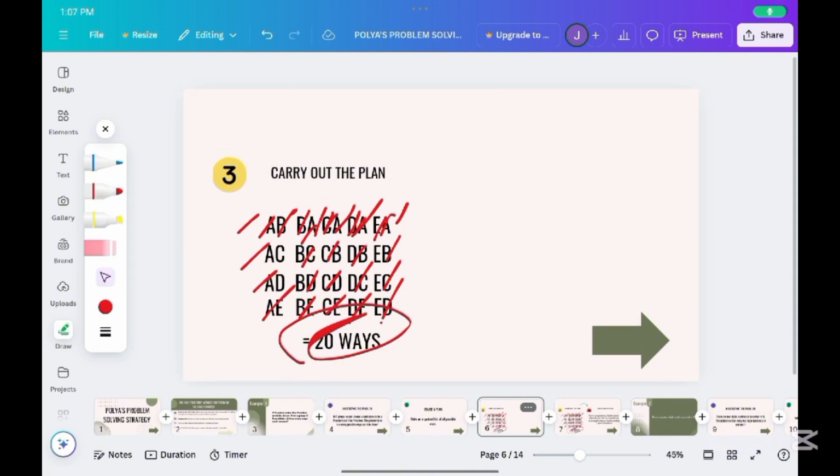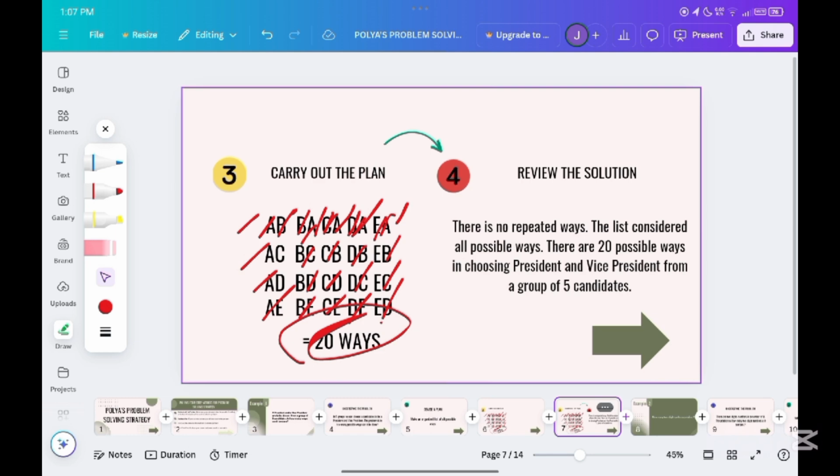Let's now review the solution. Clearly, there are no repeated ways and the list considered all possible ways. So the total possible ways is 20. There are 20 possible ways in choosing a president and vice president from a group of 5 candidates.